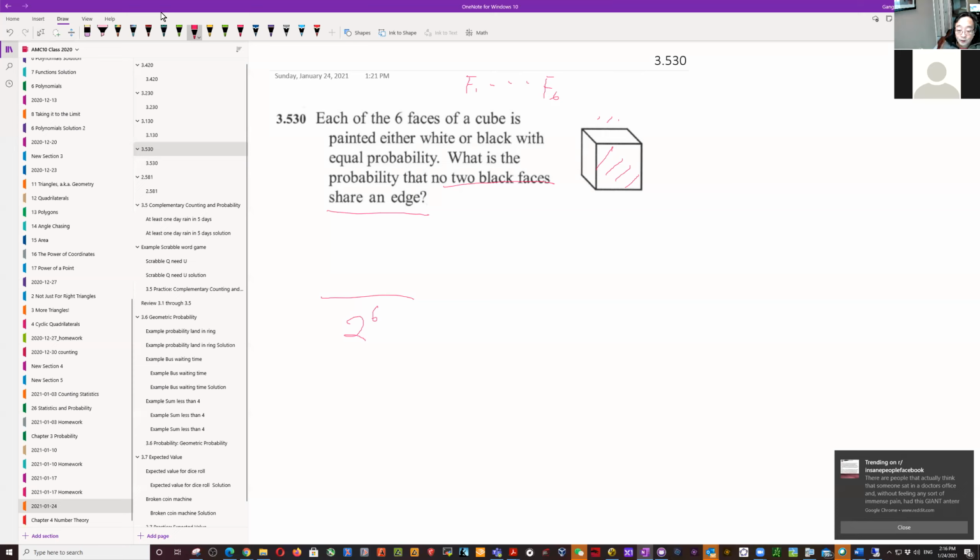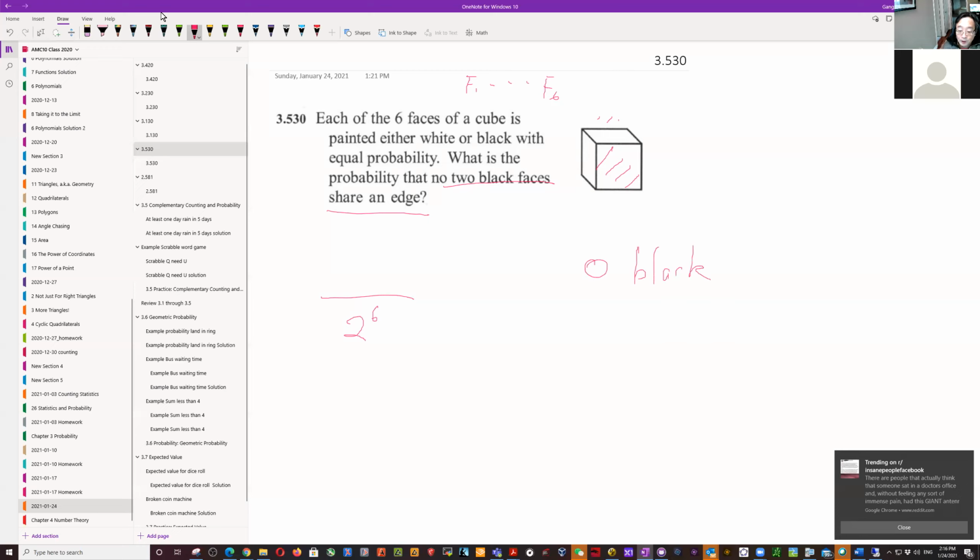If you have more than 2 black faces, it's guaranteed that some faces share at least one side. So what we're trying to count is the cases with 2 or fewer black faces.